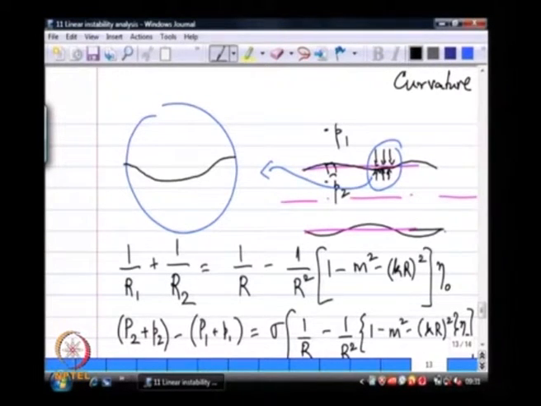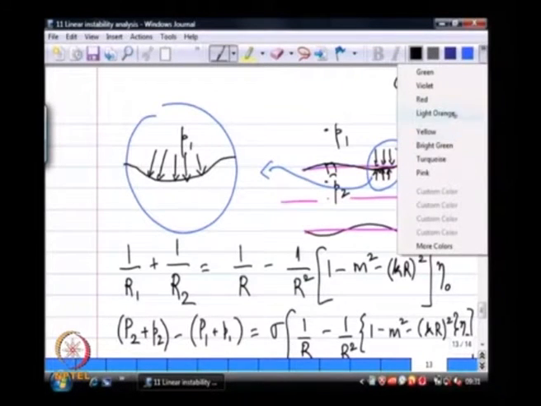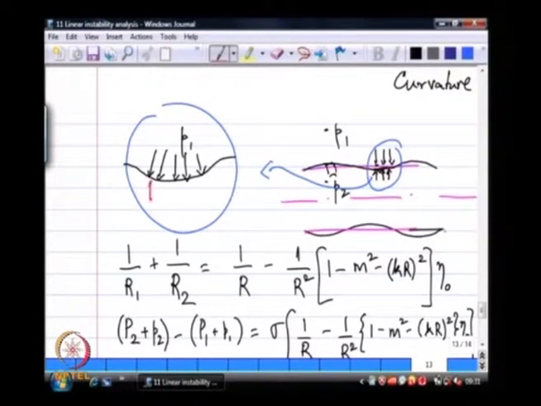I have just drawn the pressure field P1, and I will use another color for the pressure field P2. And the unperturbed interface is here.